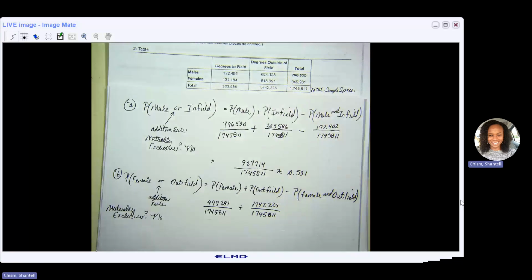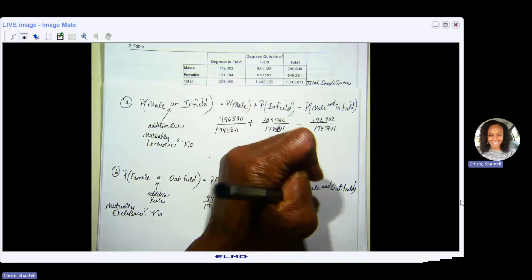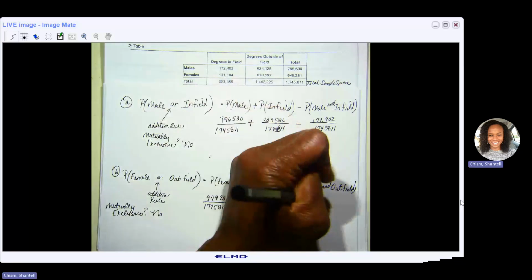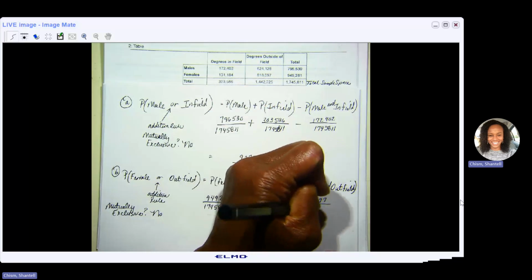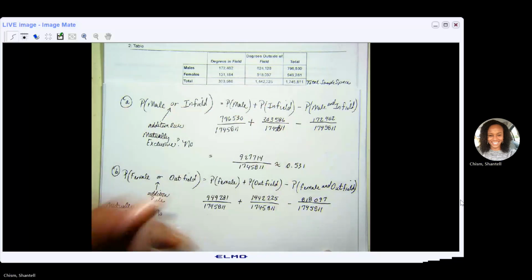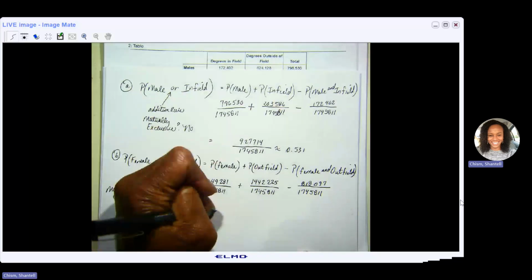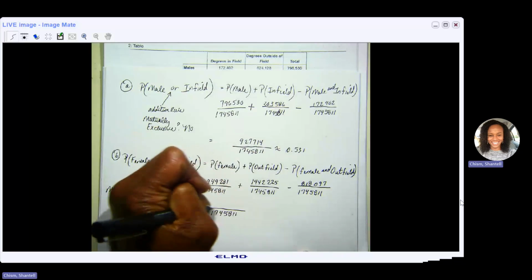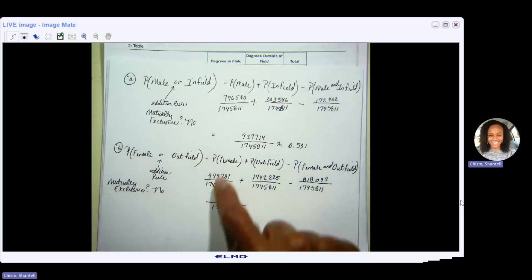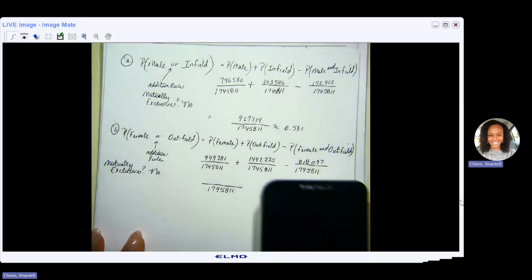So we have to say minus 818,097 out of 1,745,811. So we end up keeping that denominator just like we did before and combining the numerators all together.